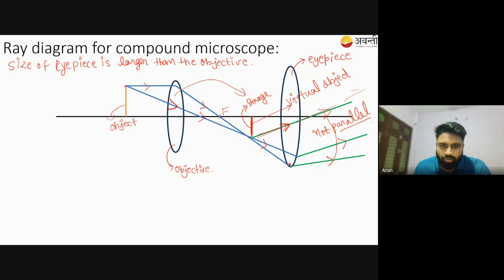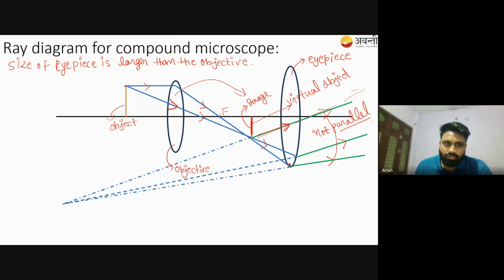If I extend these rays backward like this, and this, they will appear to meet at this point. Means there is a larger picture. It is the final image.